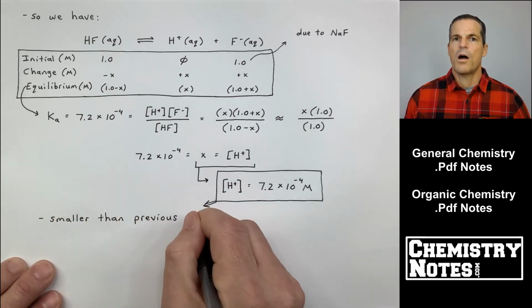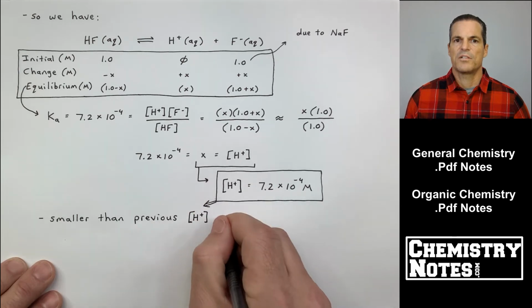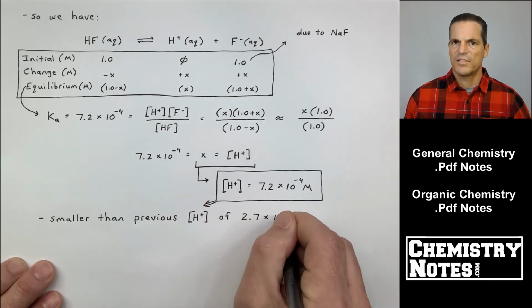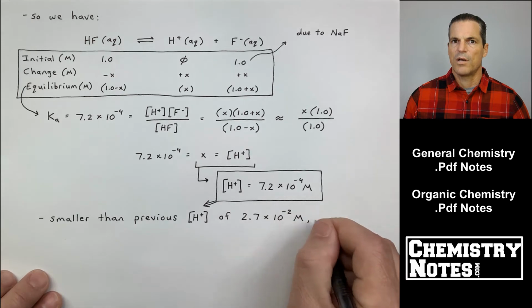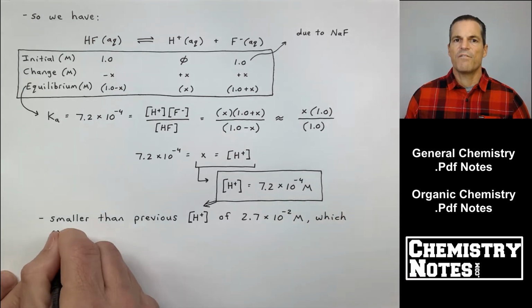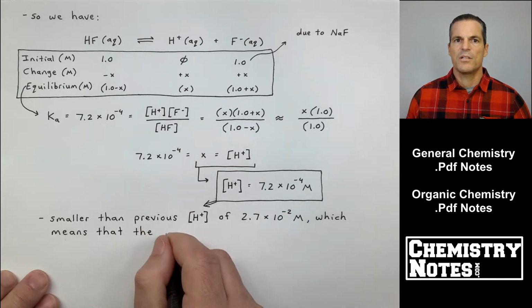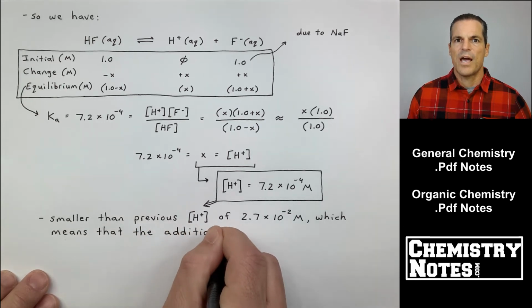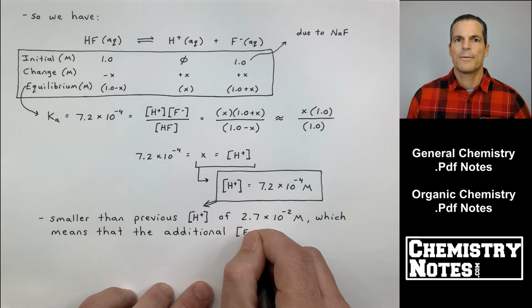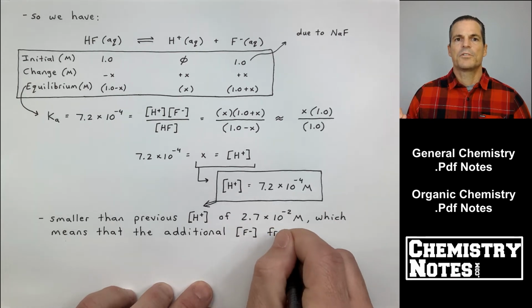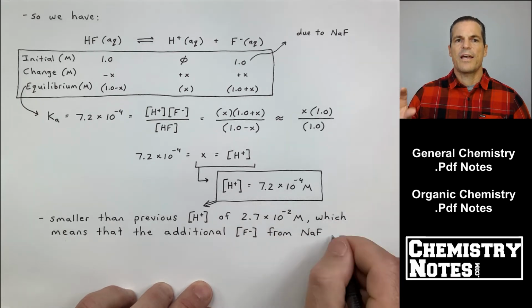Okay, that's much smaller than the previous concentration of H plus, which was 2.7 times 10 to the minus second molar. Okay, the addition of that 1.0 molar initial F minus concentration in the top right of my ice table box, by Le Chatelier's principle, that is going to have an effect.